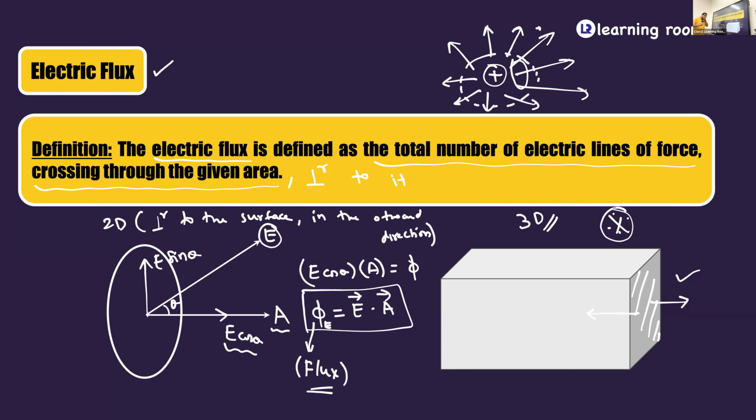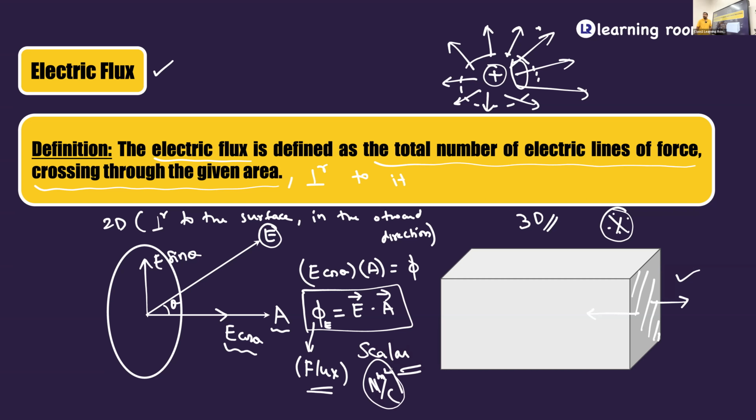One minute. So I wrote the mathematical expression for flux. Now, what kind of physical quantity is this? Is this a scalar or a vector? It's a scalar quantity because you're talking about the number of field lines, and it's a dot product. Now, what is going to be the SI unit for it? This is Newton per Coulomb, and this is meter square.